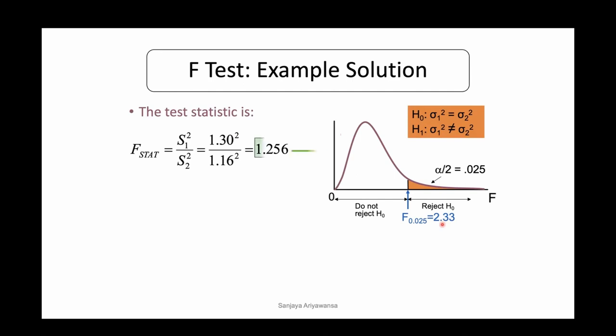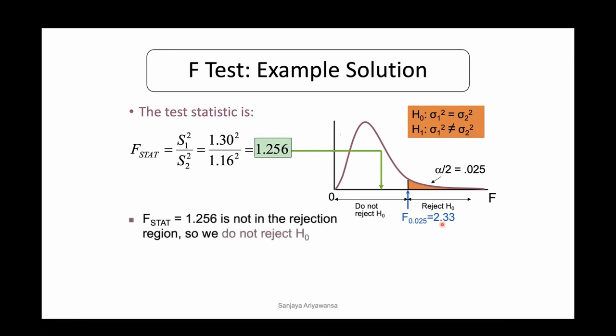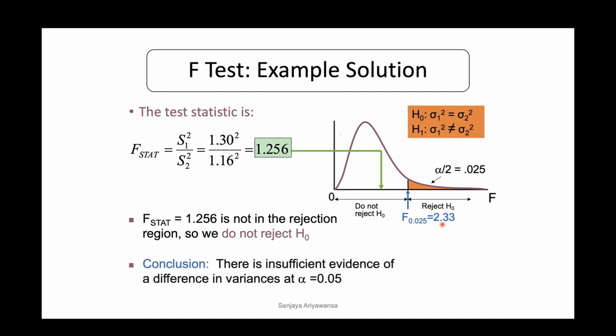It is not in the rejection region, so F stat is not in the rejection region, and we do not reject H0. That is our decision. What is the conclusion? There is insufficient evidence of a difference in variance at alpha equals 0.05.